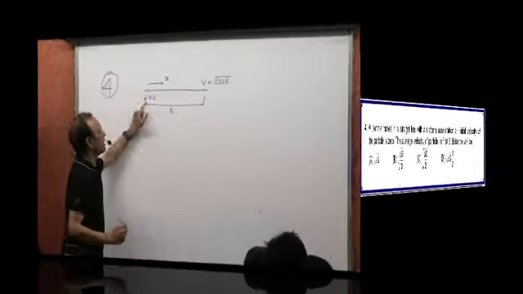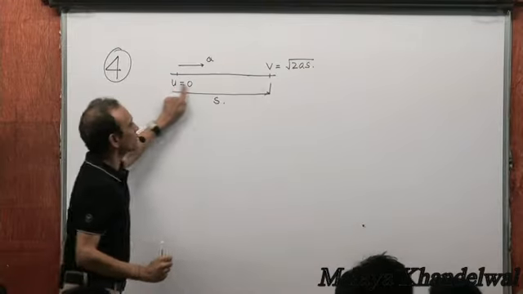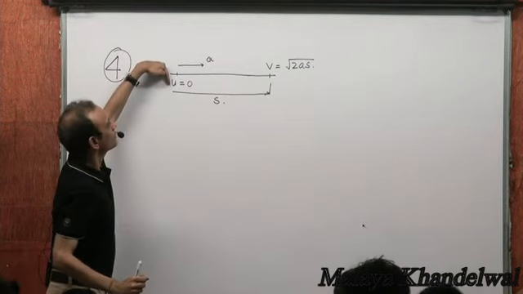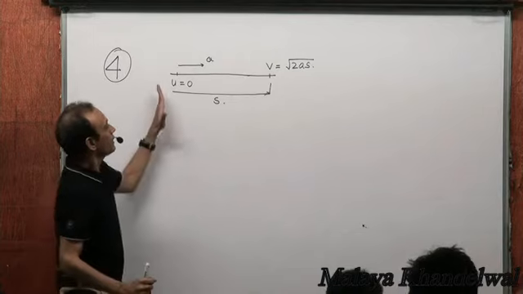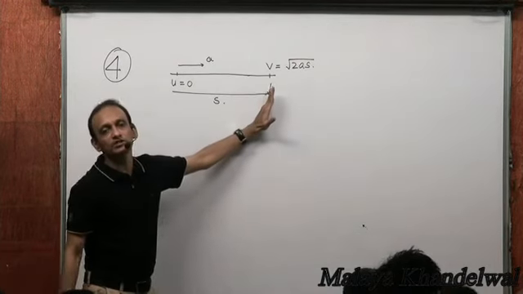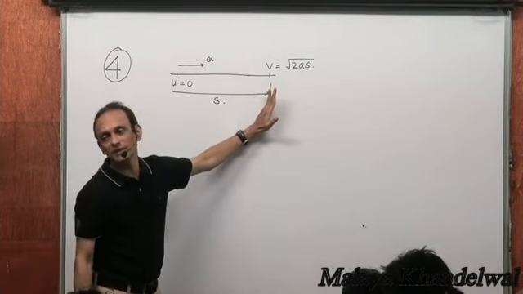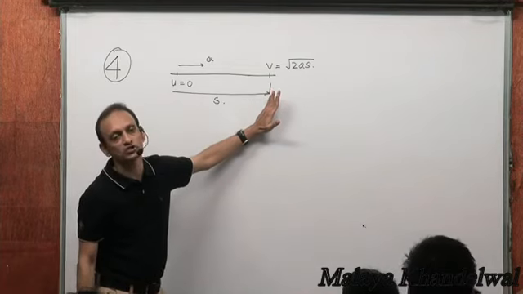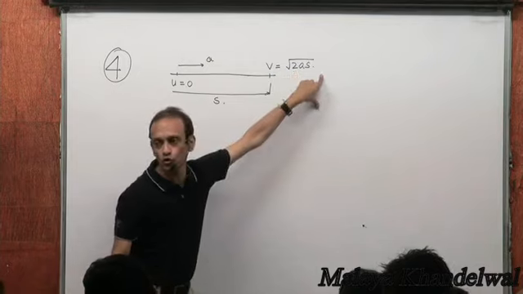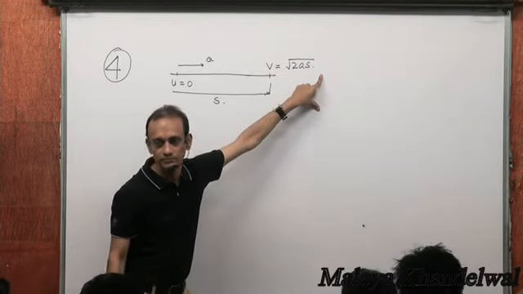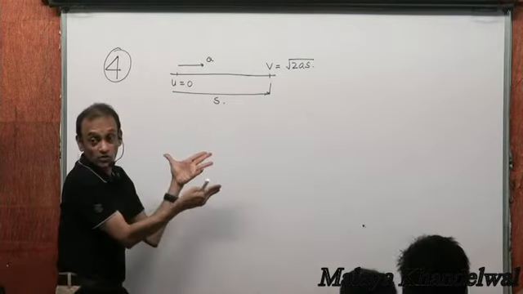Very simple. A particle starts from rest, moves along a straight line with an initial velocity 0 and uniform acceleration a. I want to find the average velocity over a displacement s. Realize, after a displacement s, the velocity would be root 2as. Do you understand that? Yes. It's a case of constant acceleration.